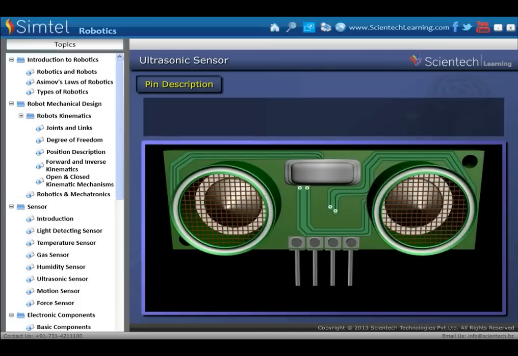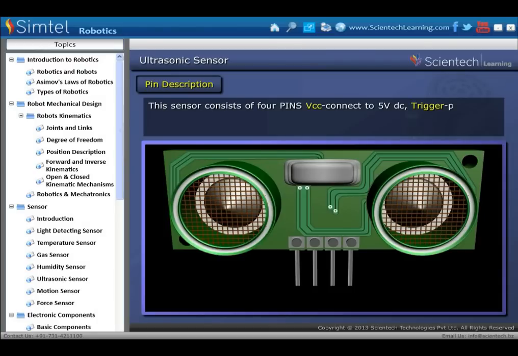Next type of sensor is ultrasonic sensor. Ultrasonic sensors are devices that use electrical mechanical energy transformation to measure distance from the sensor to the target object.